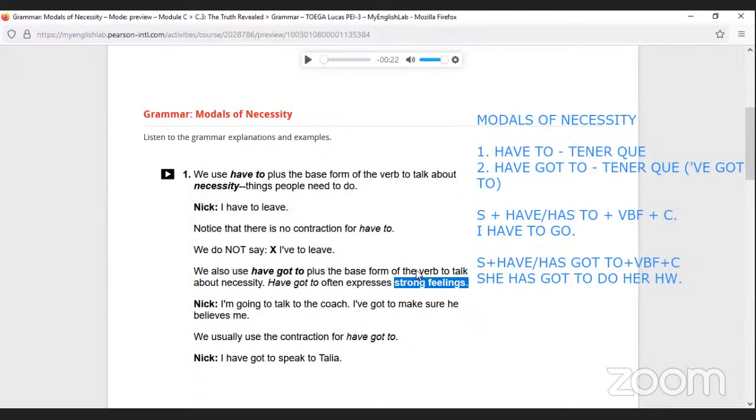For example, I'm going to talk to the coach. I've got to make sure he believes me. I've got to, the contraction, then the verb in base form. In Spanish, tengo que asegurarme. So between these two, have got to only has the contraction, and have to has no contraction.